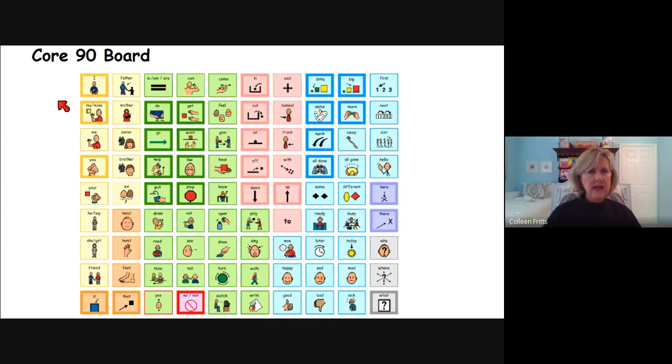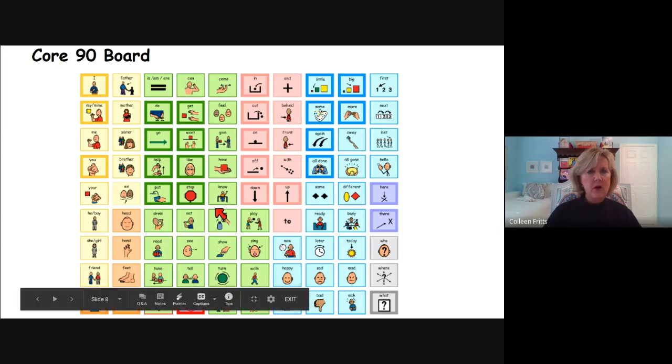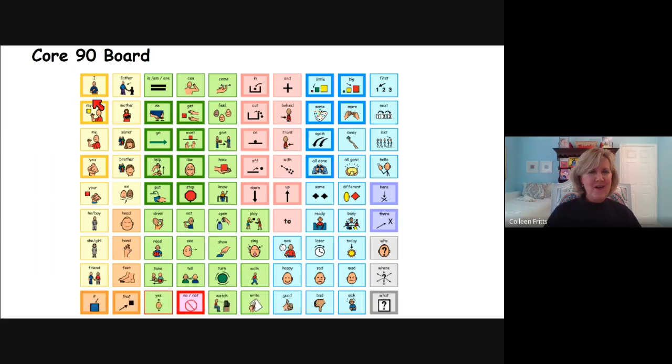So when we looked at going from the 30 to the 90, we also wanted to keep the integrity of where the symbols originally were, but then keep the integrity of all the verbs together, the people together, the things together, etc. So what we did to make it easier, all of the words that have a large border are our 30 beginning words, so that you can quickly find them when you move that student to the 90, or when you switch from the 30 to a 90, depending on the activity that you're doing.